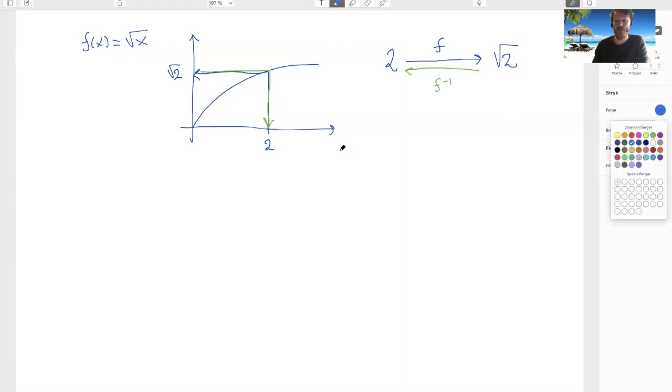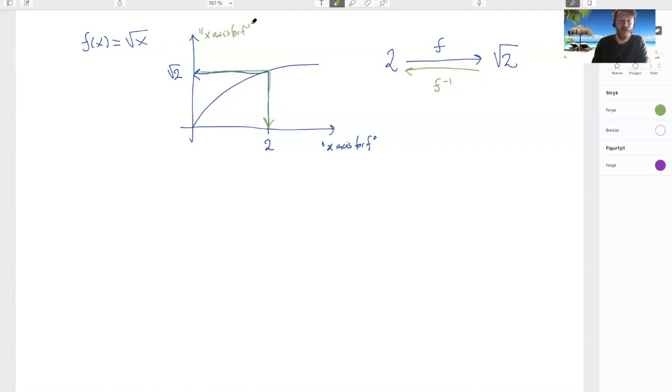This is a peculiar interpretation because here we can view this as the x-axis for f. And by this, I mean the input for f, right? So we could call that axis whatever we want, u-axis or t-axis or something. But x is what we're used to here. And this would then be the x-axis for f inverse. But of course, if we call this the x-axis, then it's natural to call this the y-axis.